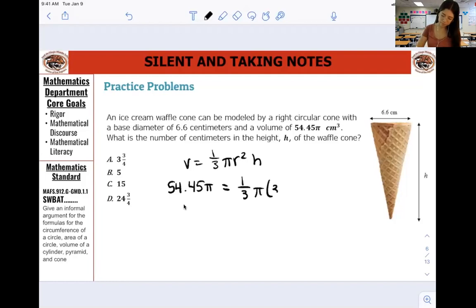Good. But we don't know the height. So a couple things we can do. Let me simplify 3.3 first. 3.3 squared gives me 10.89.